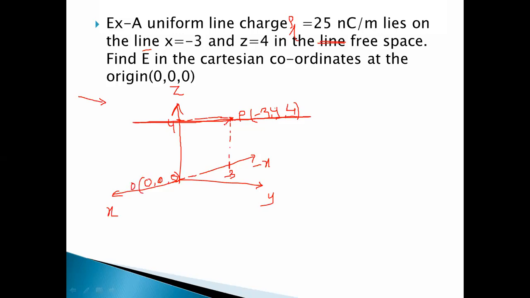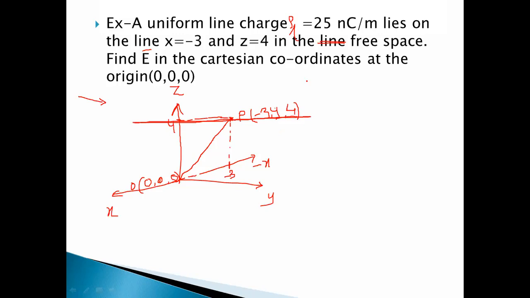So just connect this point P to the origin. Now just tell me, what will be the direction of vector, towards origin or towards point P? What is given? Find E bar in the Cartesian coordinates at the origin.